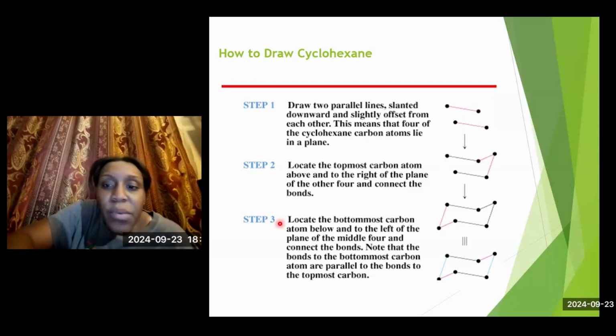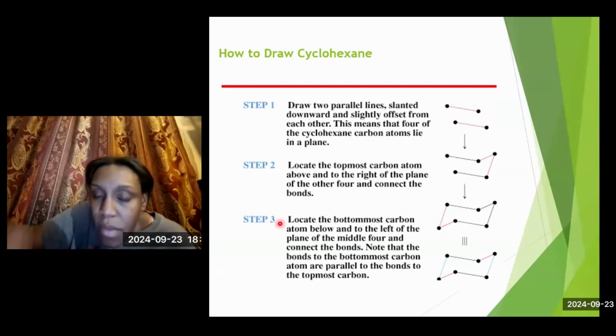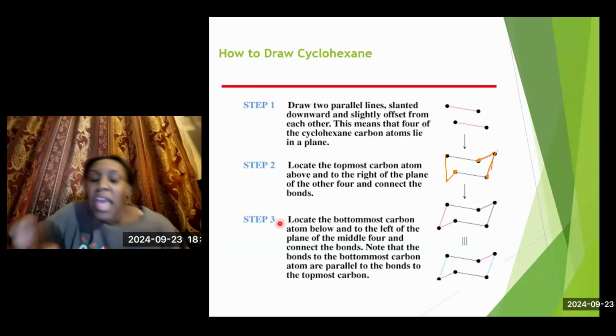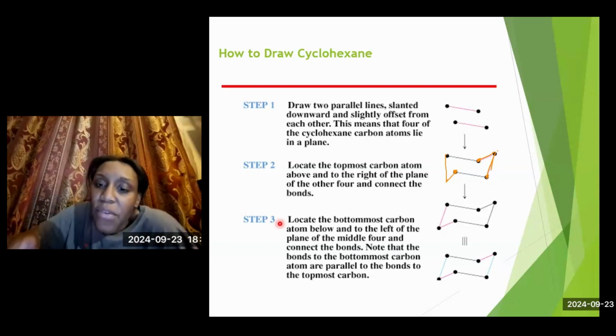Now it's important to realize that the one that's on the shorter side, this one that stopped short, is going to have a shorter line from it. And then the one that's a little longer is going to have a longer line. So again, the one that stops short is going to have a short line. And then from here, you're going to meet where that is, and it creates this chair conformation, okay?